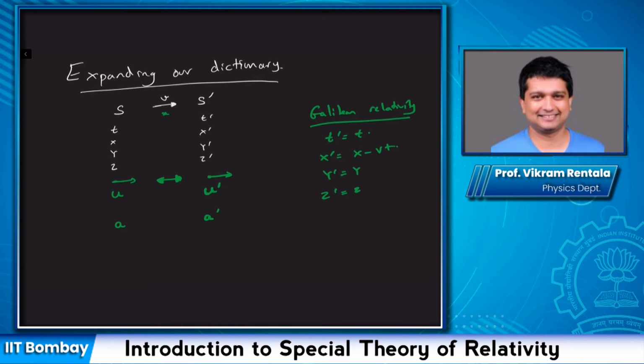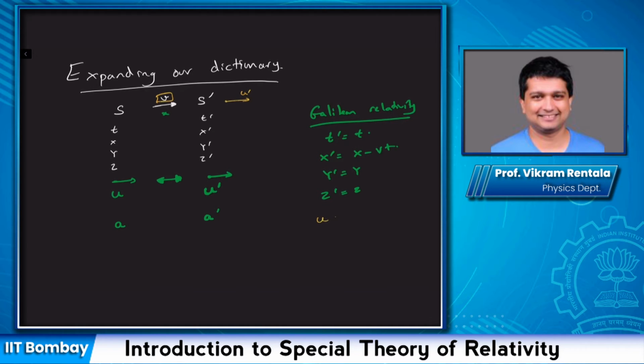And if we expanded this dictionary to include velocities, so an object moving with a speed u prime in the frame S prime, as seen by observer S, would also pick up an additional speed, which would be due to the velocity of the train.